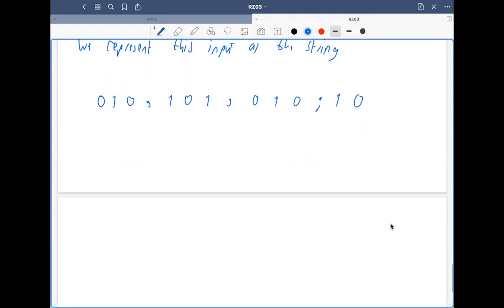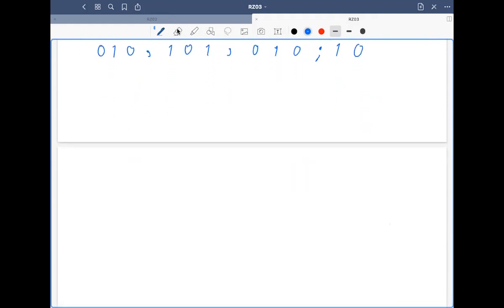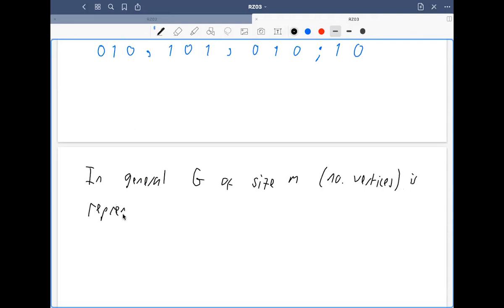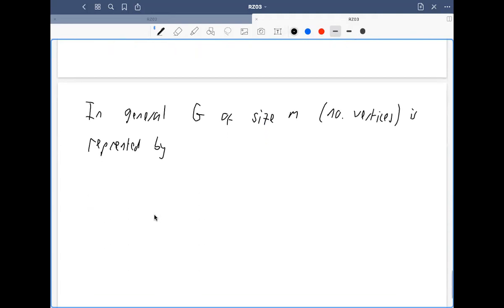Okay. So in general, G of size m, that's the number of vertices, is represented by, let's say, A11 through to A1m, comma, A21 through to A2m, comma, dot, dot, dot, to An1 through to Ann.